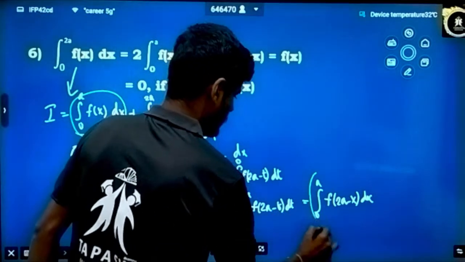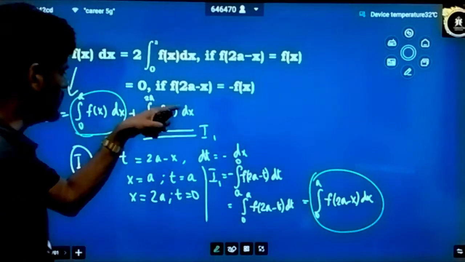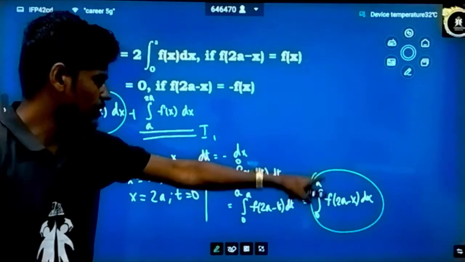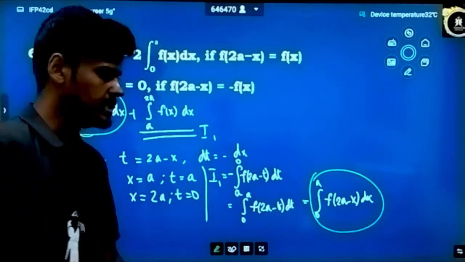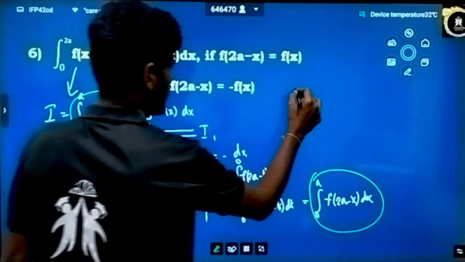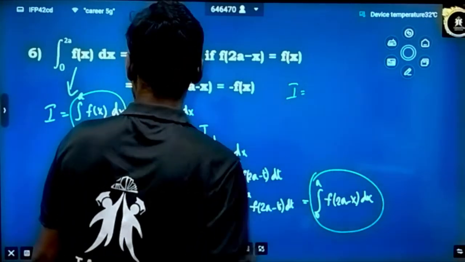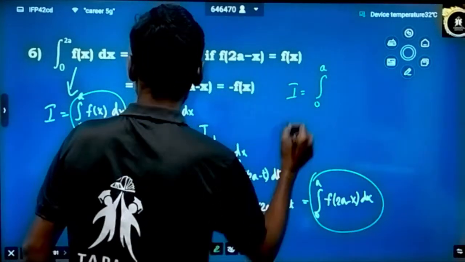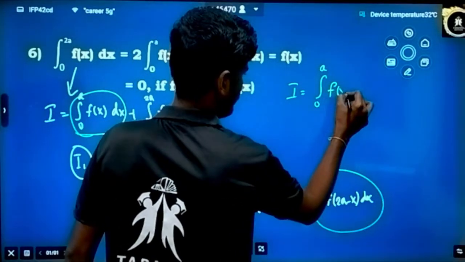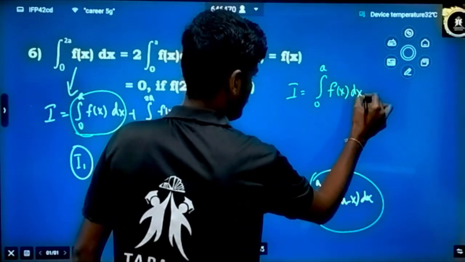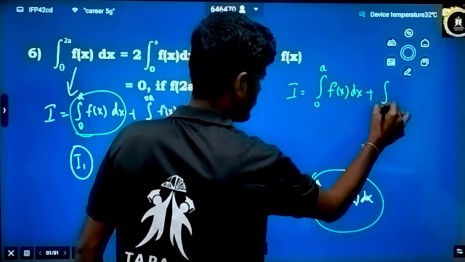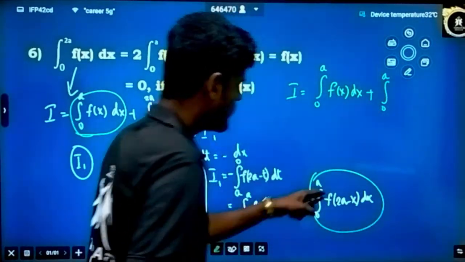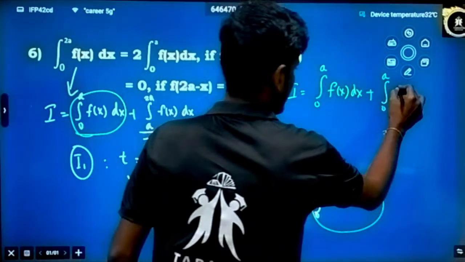Here we get the second part: I1 will become the integral 0 to a of f of 2a minus x dx. So what is the value of I? I is equal to the integral of 0 to a of f of x dx plus the integral of 0 to a of f of 2a minus x dx.